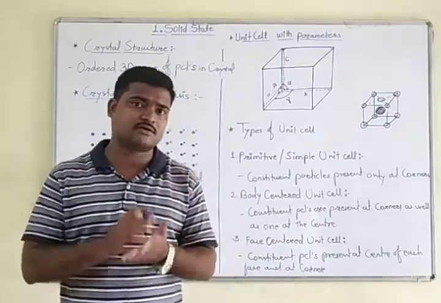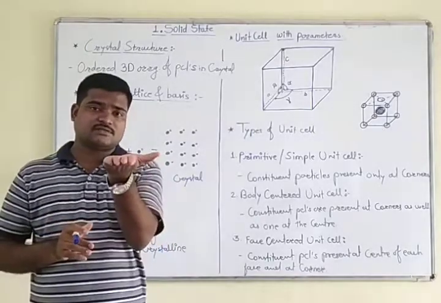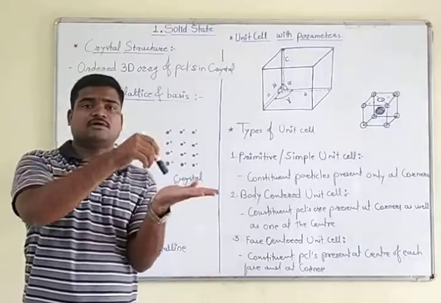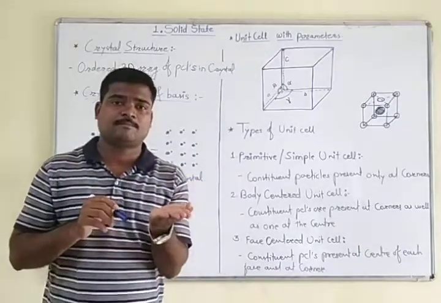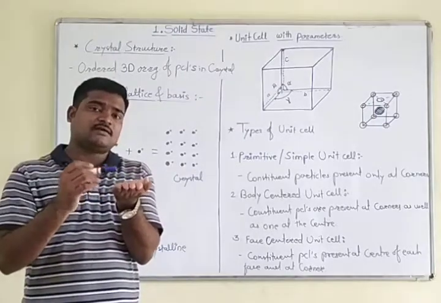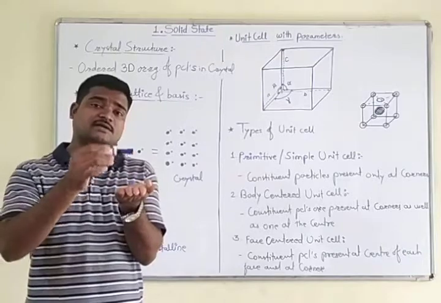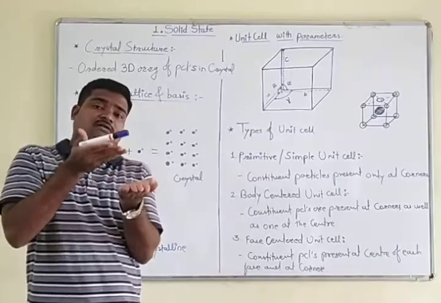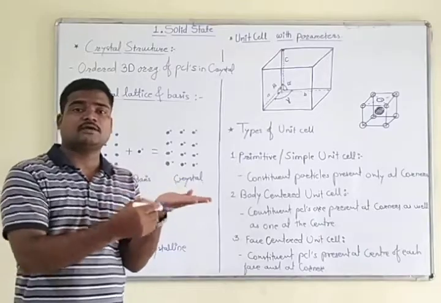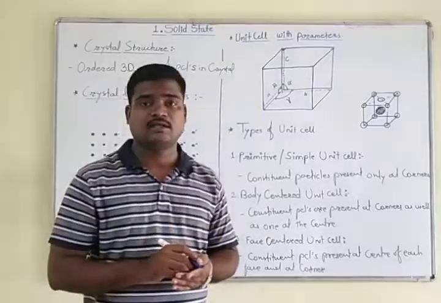Now how is that particle present? Suppose this one is the face of that unit cell. Half of the atom is present on the upper side of the face, and the remaining half is present on the lower side, that is inside the unit cell.